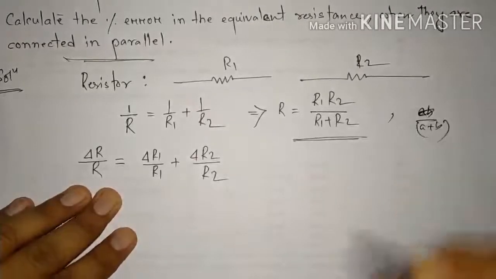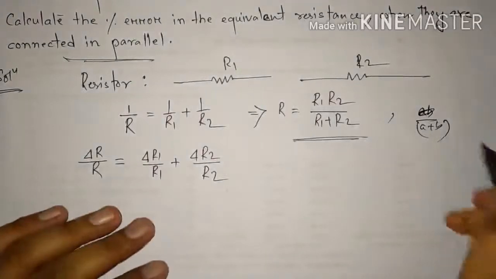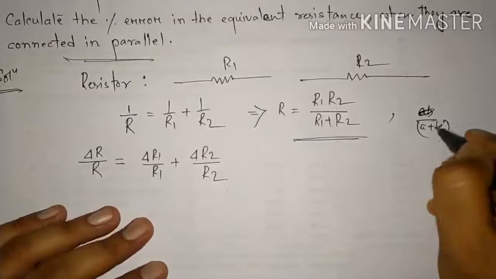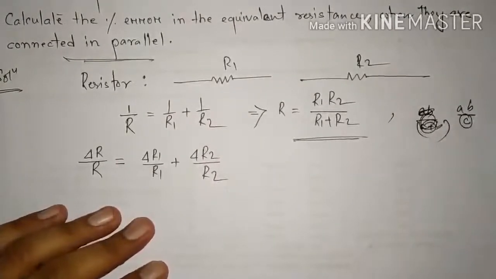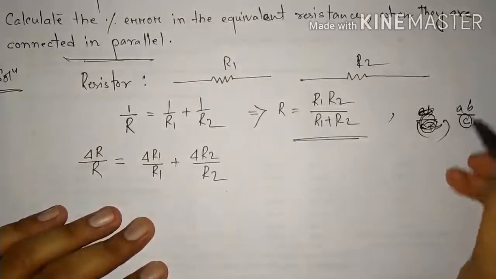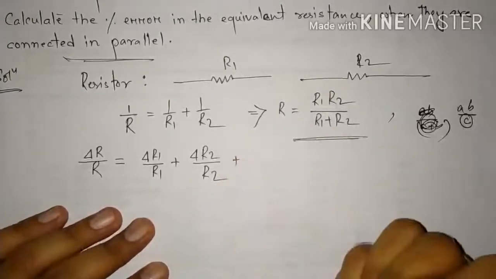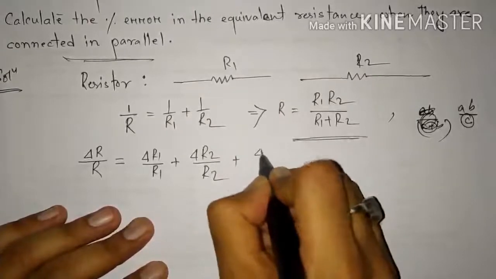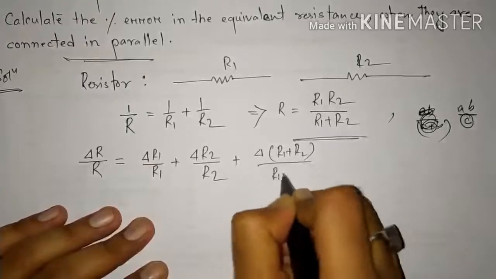Now we concentrate on the form A plus B. Just for example, you consider that the form is AB divided by some quantity C. Then what will be the expression? Delta A by A plus delta B by B plus delta C by C. Now here this C becomes R1 plus R2. So it will be plus again delta of R1 plus R2 divided by R1 plus R2.